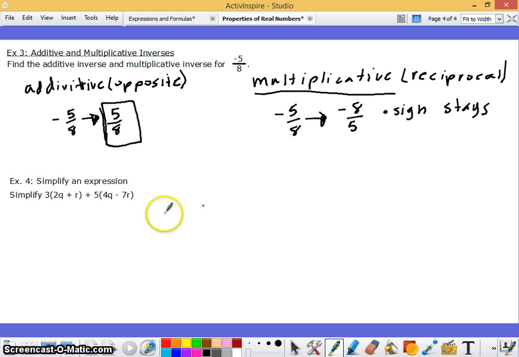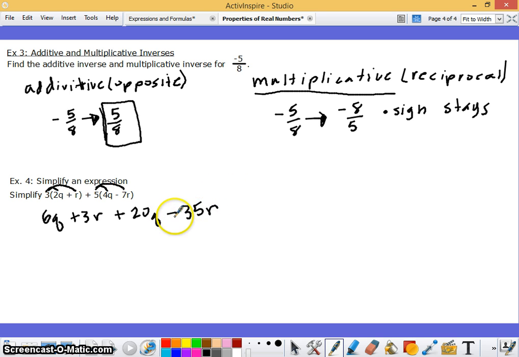Okay, so simplifying an expression. Since we have the 3 and the 5 on the outside, we want to use the distributive property. So 3 times 2q is 6q, 3 times r is 3r, plus 5 times 4q is 20q, and then 5 times negative 7r is negative 35r.